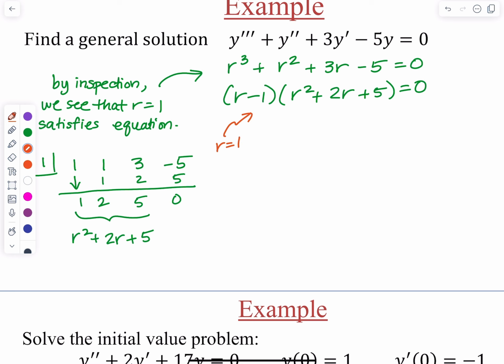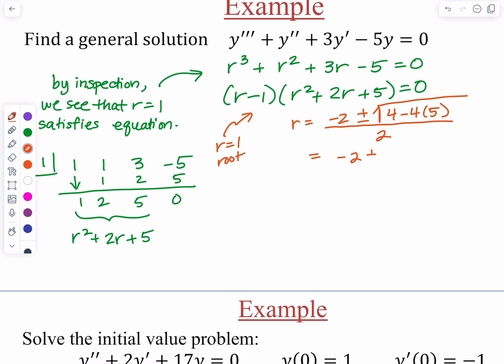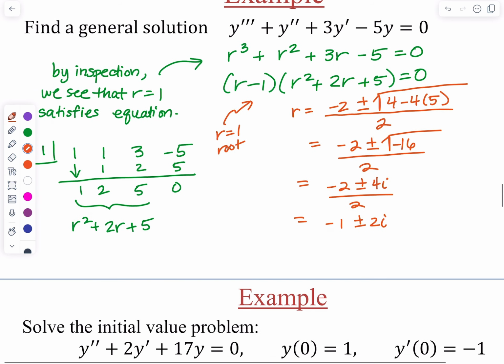We have r equals 1 is a root, and now we'll go ahead and find our other roots. So we have r equals negative 2 plus or minus the square root of 4 minus 4 times 5, all over 2. And we come up with negative 1 plus or minus 2i.